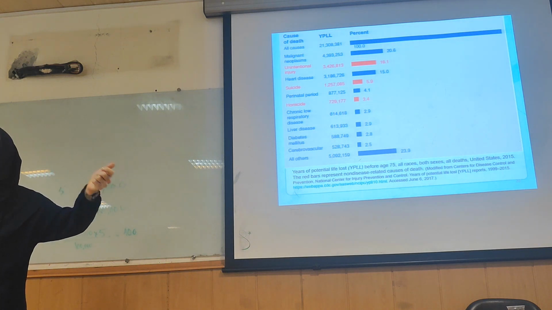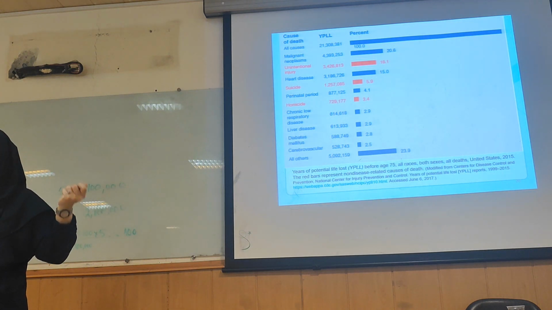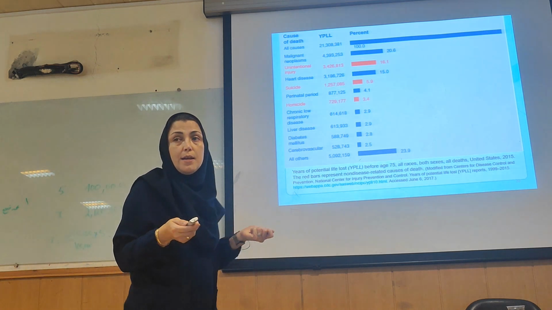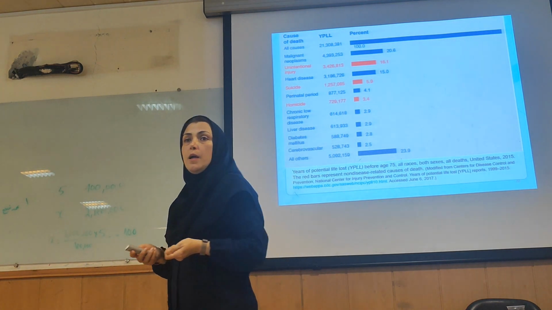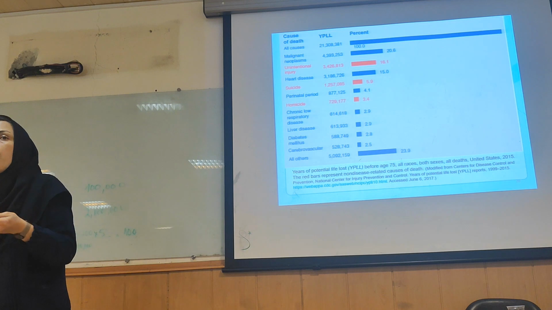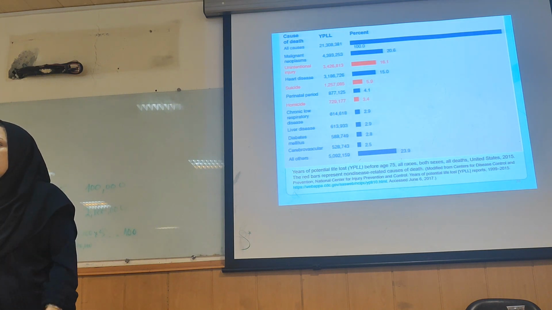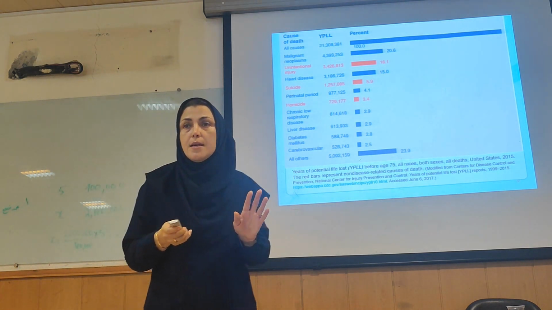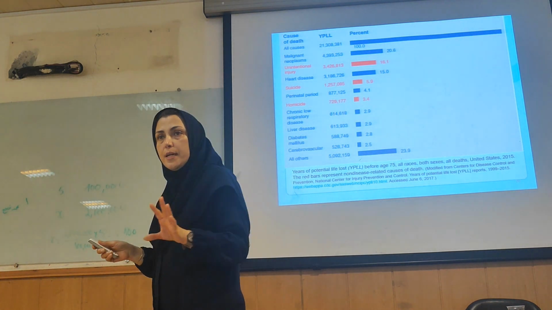You can select the disease for intervention which is important and more effective, I think. Okay? Because I told you that the total number of deaths is not important.